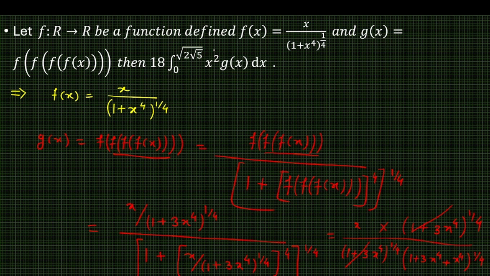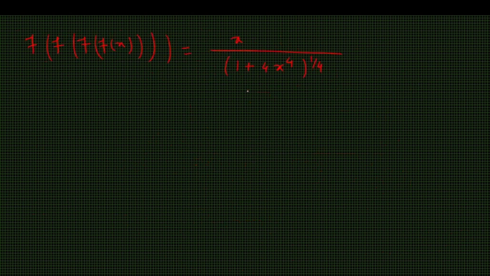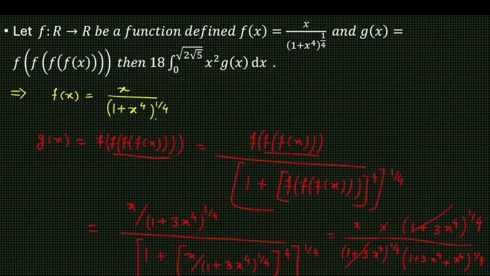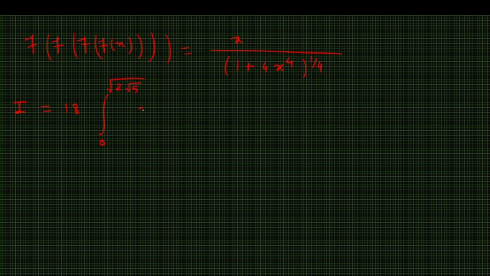Now let's solve for the integration. Let I is equal to 18 times the integration varying from 0 to √2·√5 of x² g(x) dx.